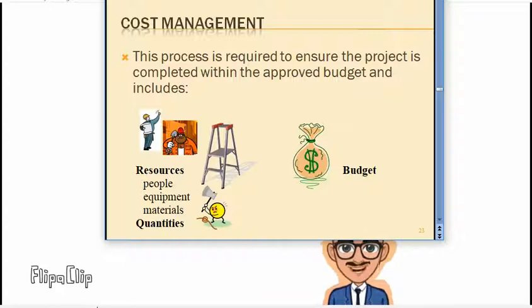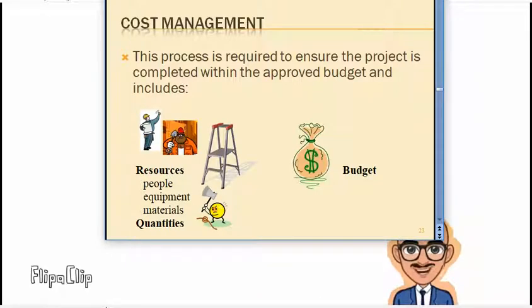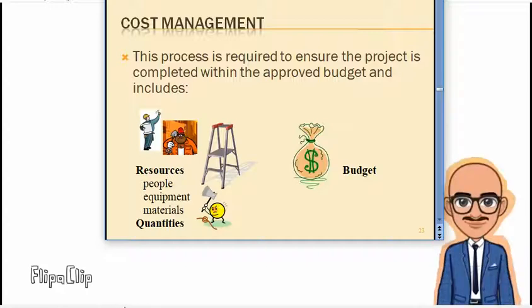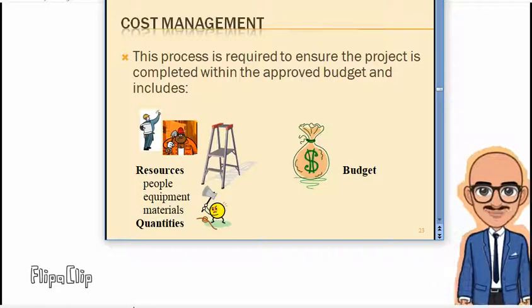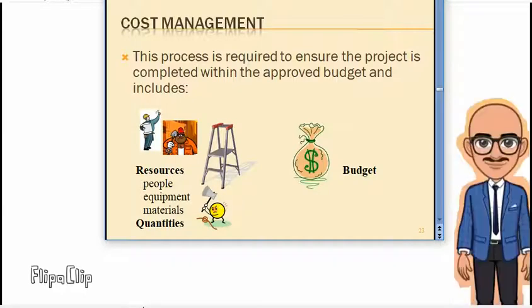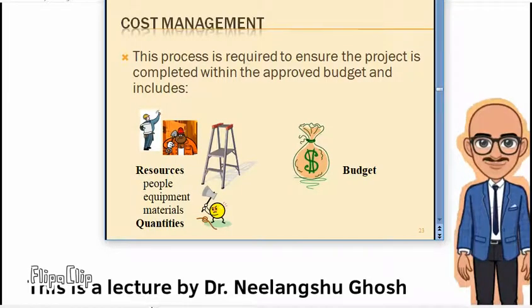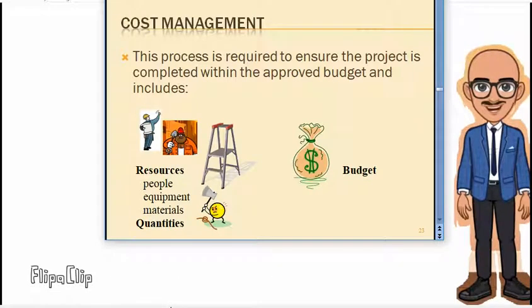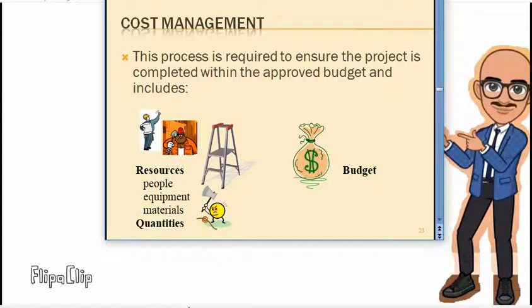Next is the equipment. What equipment is required for the project? The equipment is to be brought in within the period of time, and there are costs to use the specific equipment.